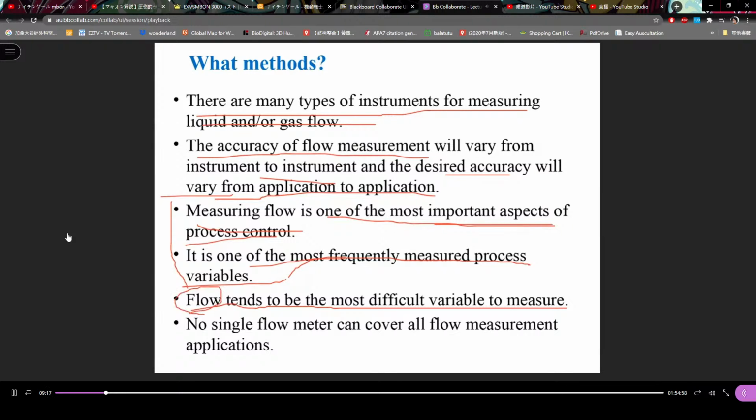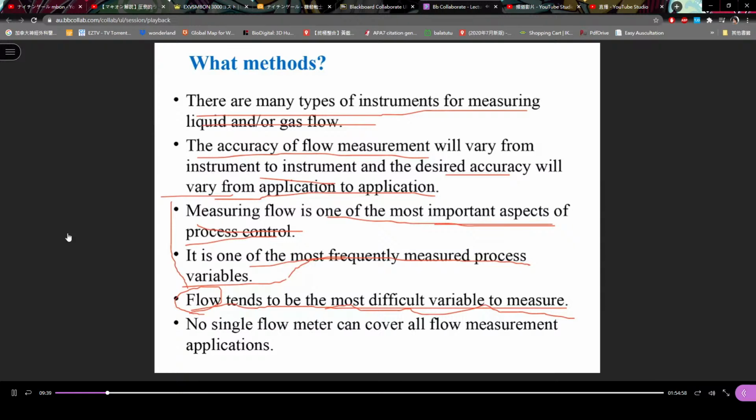The measurement accuracy of flow rate is not as good as the measurement of temperature and pressure of a water pipeline. So that's why it's one of the most difficult variables to measure.